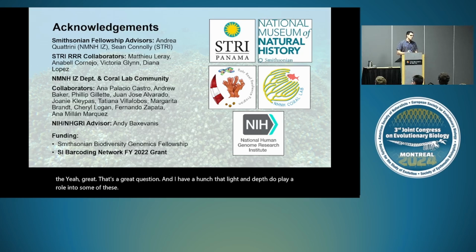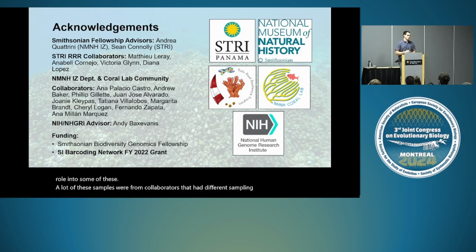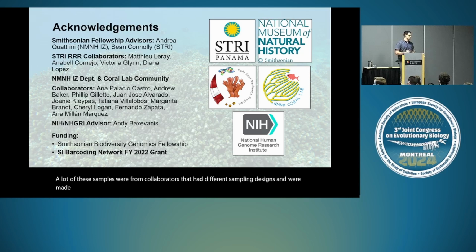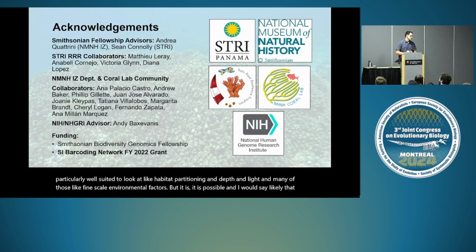A lot of these samples were from collaborators that had different sampling designs and were made available through an opportunity to have them included in the study. So this work isn't particularly well suited to look at habitat partitioning and depth and light and many of those fine scale environmental factors. But it is possible, and I would say likely, that it has a role.